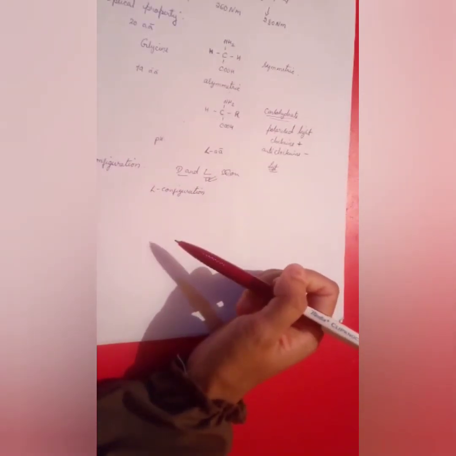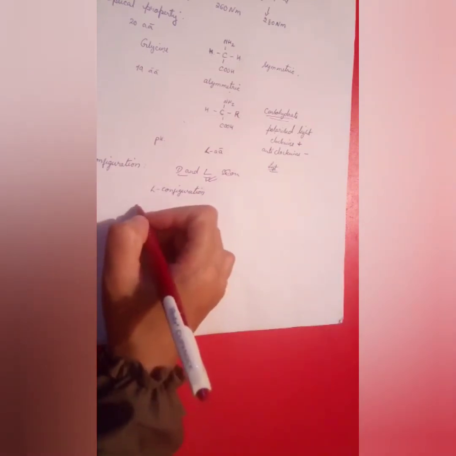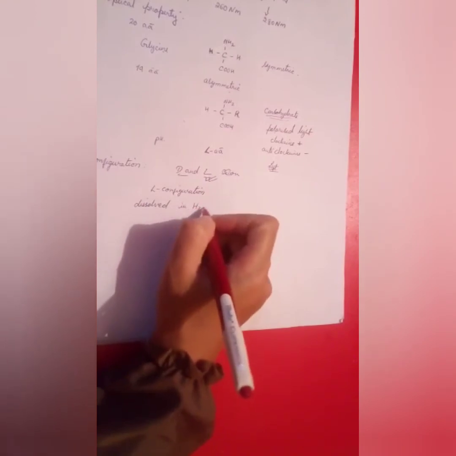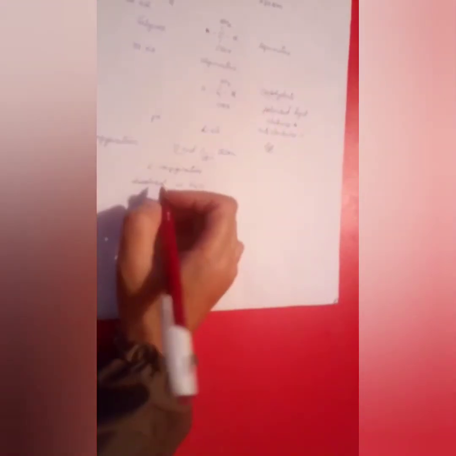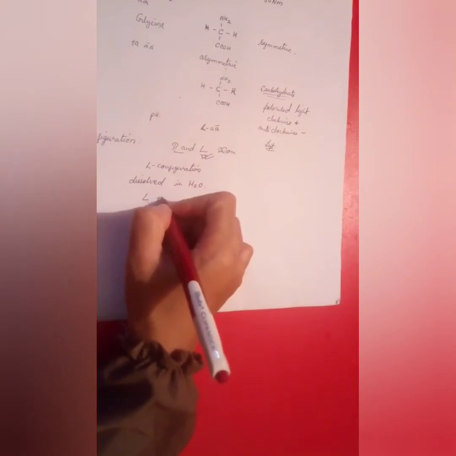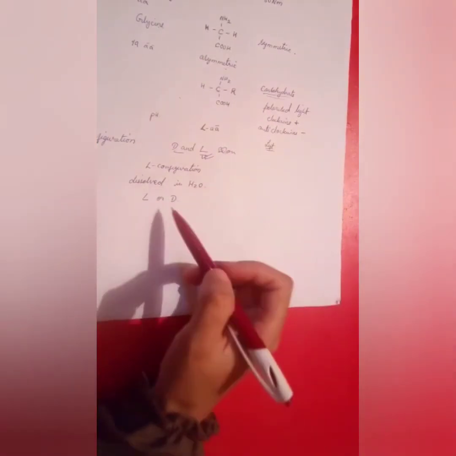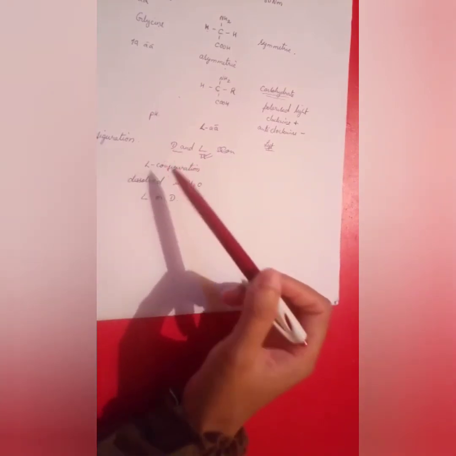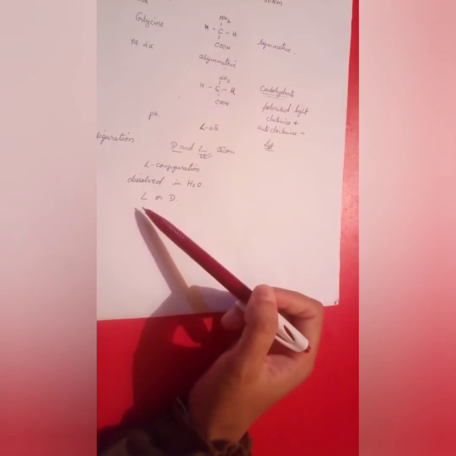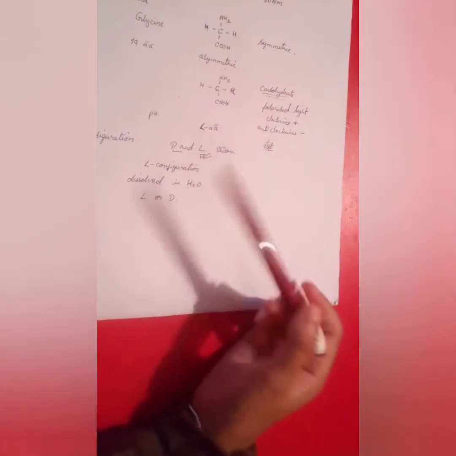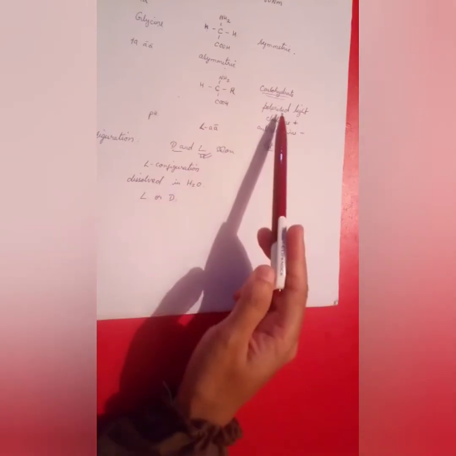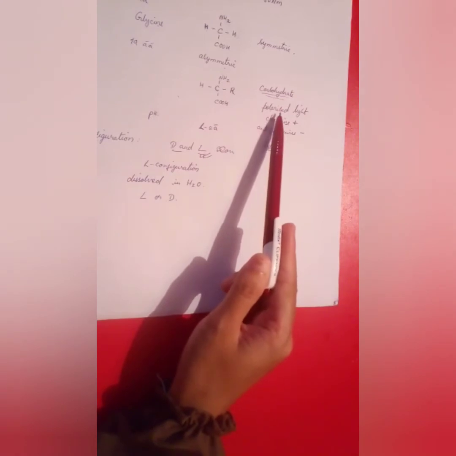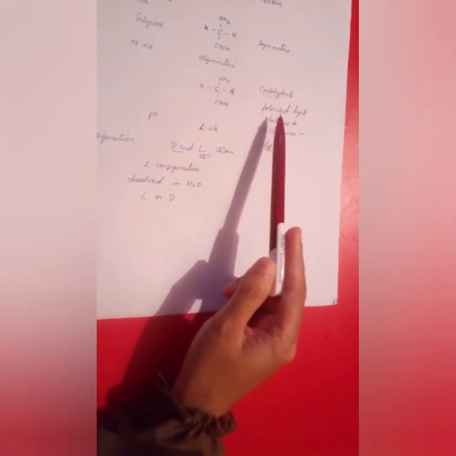And on isolation, and also when dissolved in water, some of the amino acids show L or D configuration, because in a solution these amino acids can exist either in L configuration or D configuration, and depending on their configuration, they rotate the plane polarized light towards the left or right.